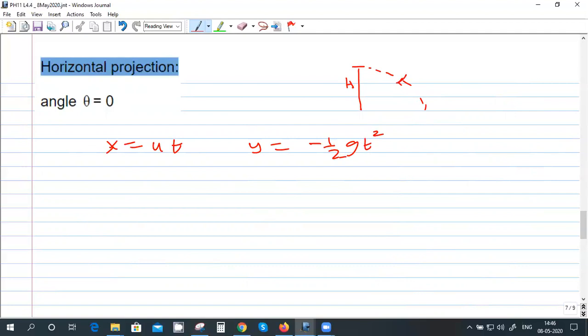So if it had taken a time t to reach this point, the x coordinate will be ut and then y coordinate is minus half g t square. Minus because I am taking this as my origin. This is my x and this is y. And this is origin 0, 0. So obviously y is negative at this point. That's why it's minus half g t square, the y coordinate.